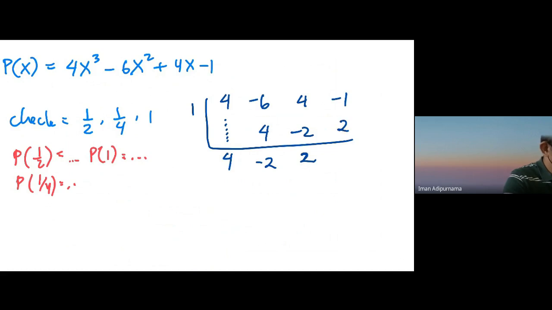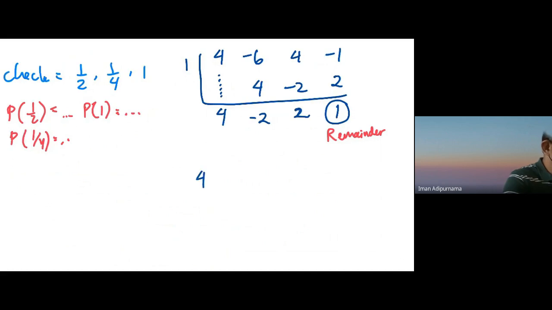We don't have the answer here because it results in a number, right? This we call the remainder. It's not divided completely. Let's check the other one. Let's check the half.